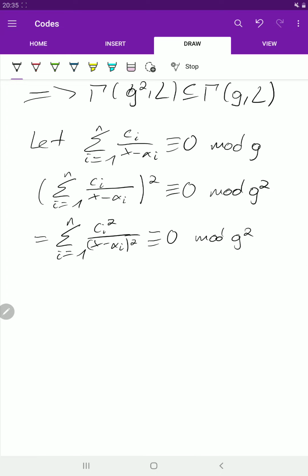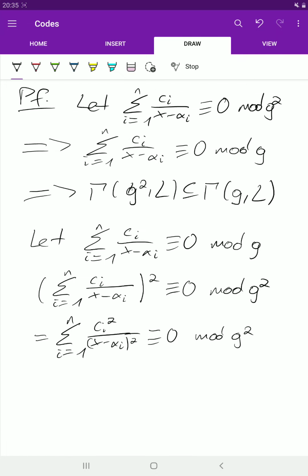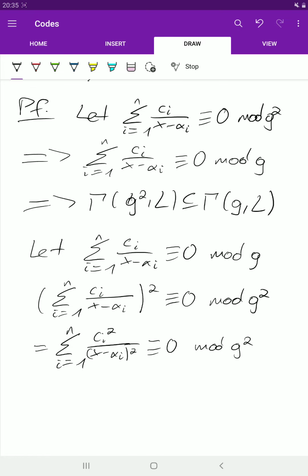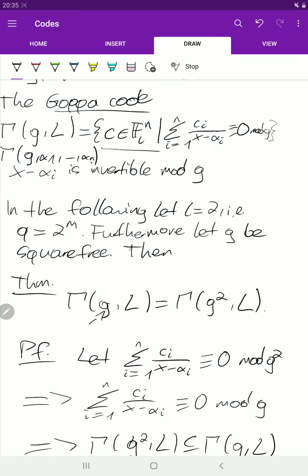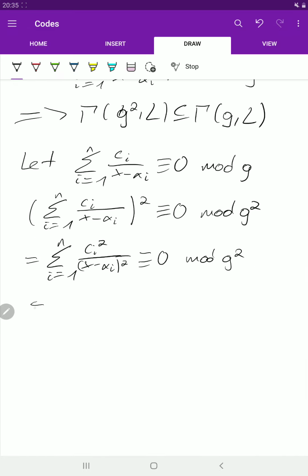So let's note some things. At first, note that c_i is in F_L^n, now L is 2, so these c_i's are just 0 or 1. So actually the square doesn't matter in our case.